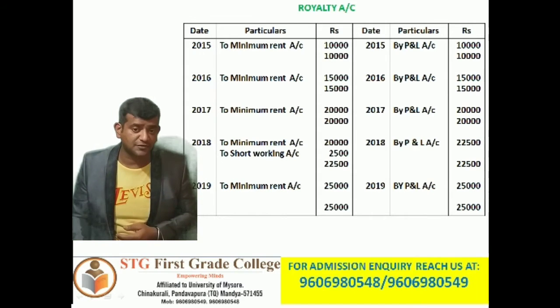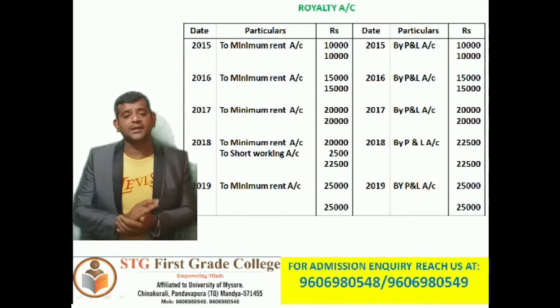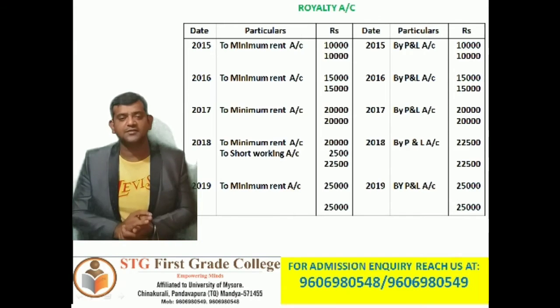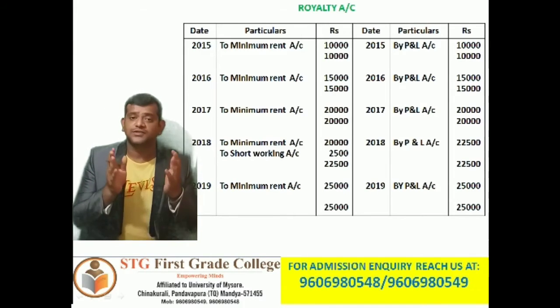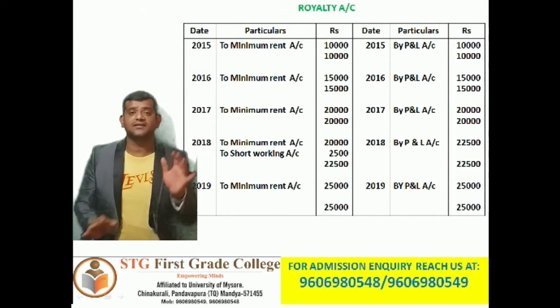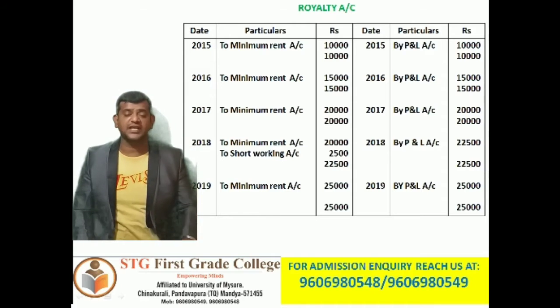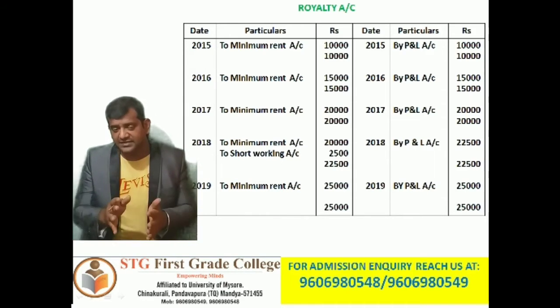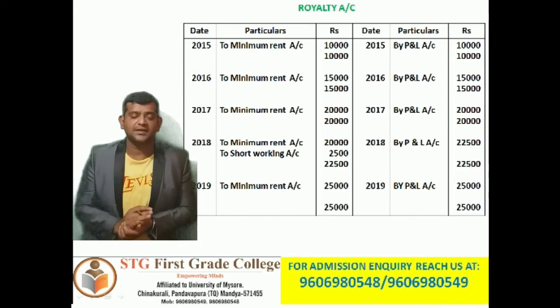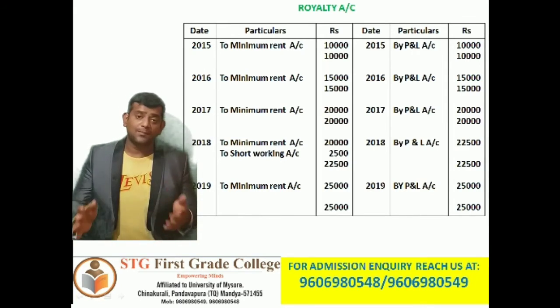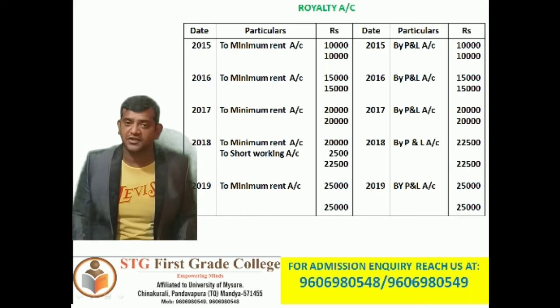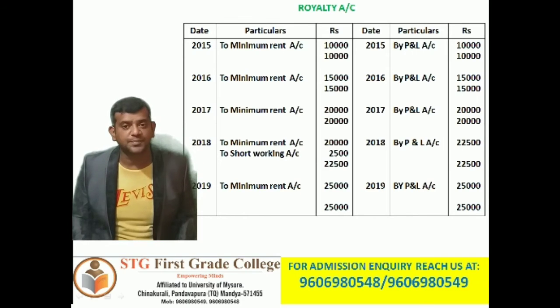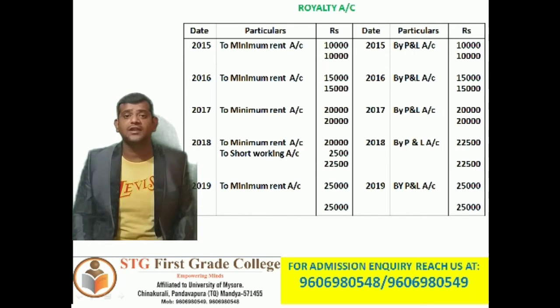Next, in the year 2019, to minimum rent account 25,000, because we could produce 25,000 in that year, that is 5,000 coal has been raised at the rate of 5 rupees, 25,000. Credit side 2019, by P&L account 25,000, both the side total 25,000 and 25,000 rupees. So we are done with the royalty account.